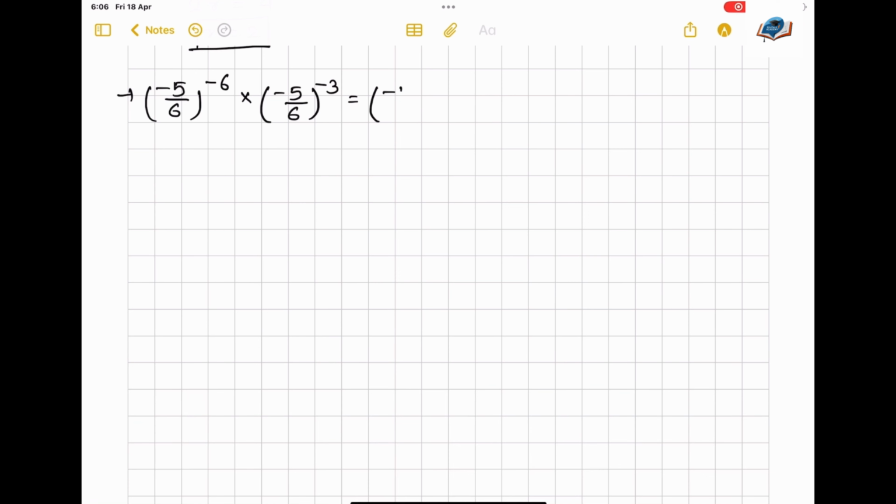So this will be, see, if I do LHS, so I will get minus 5 upon 6 whole raised to minus 6 plus minus 3, because it says a raised to m into a raised to n will be a raised to m plus n. So that formula I have used, equal to minus 5 upon 6 whole raised to 3x.